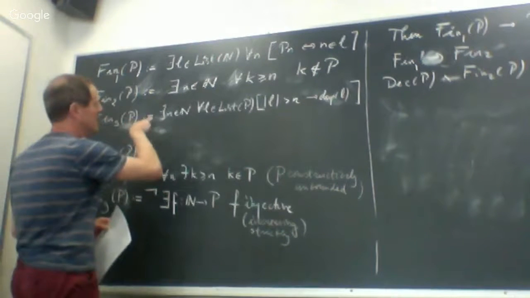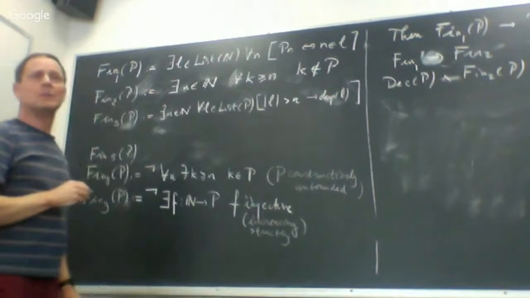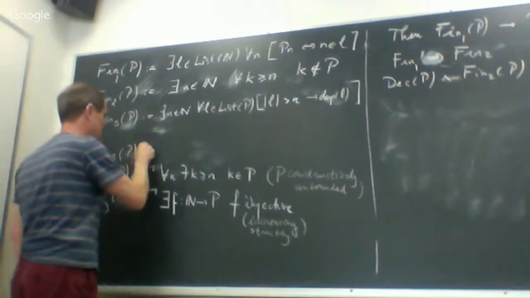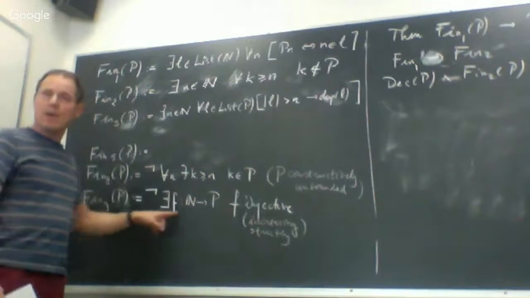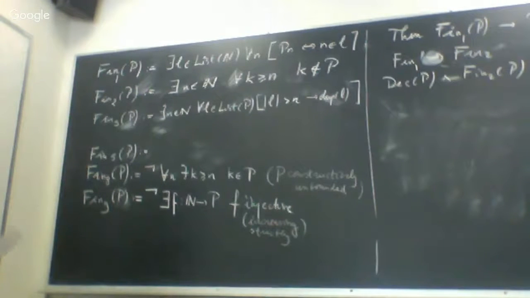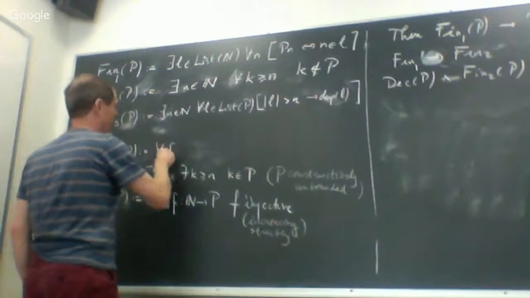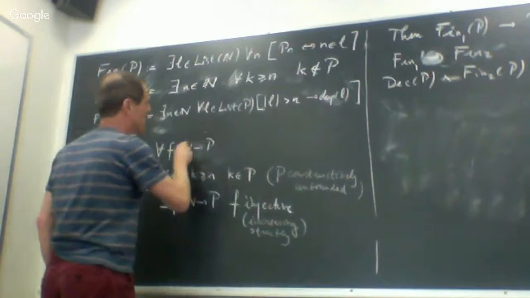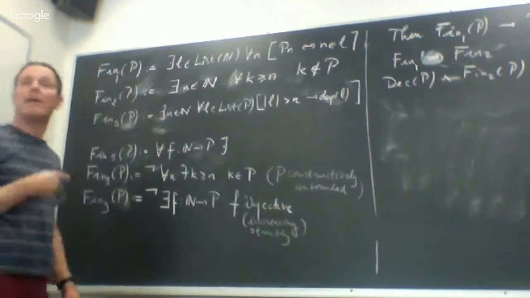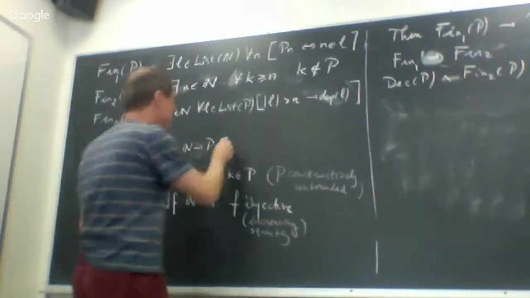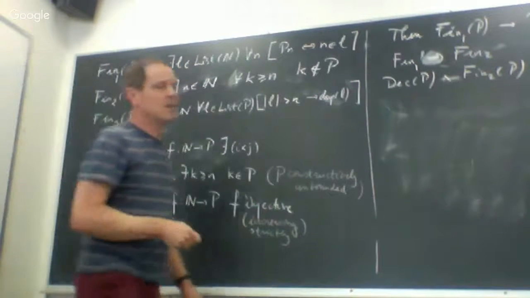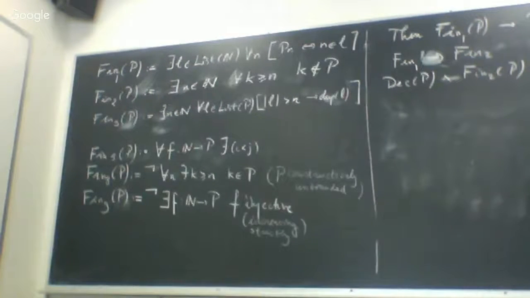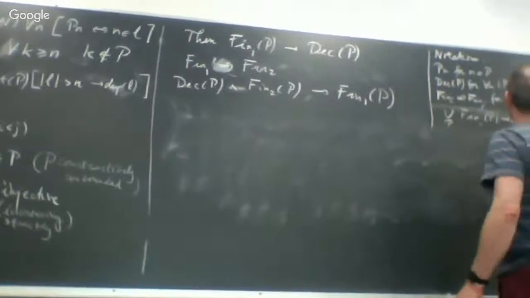Since this one suggests actually a more positive variant than this one, namely for all f from N to P, there exists a pair i, j, i smaller than j, and that I denote in this way. So I have another notational device here.